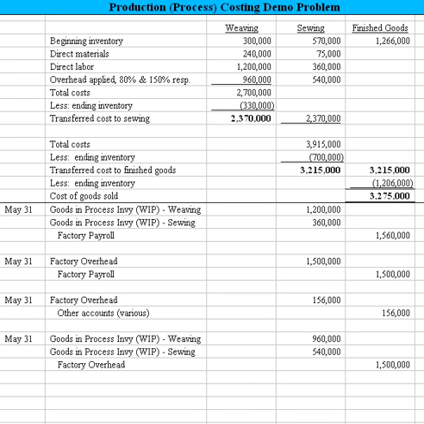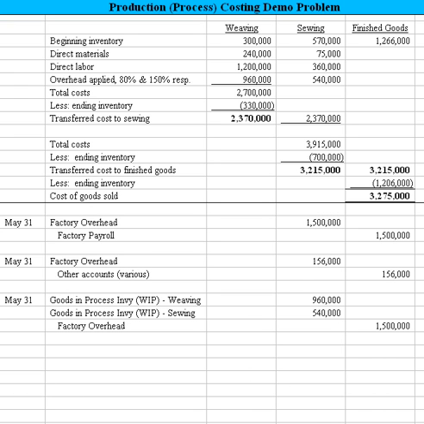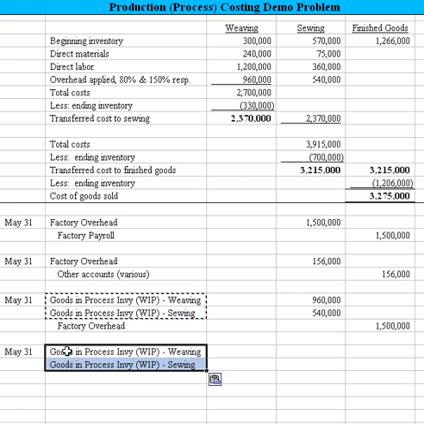All right, now let's slide again a little bit, give you a little bit more room. And let's talk about transferring the products from the weaving to the sewing. Now this is a real straightforward one. We're talking about a WIP to WIP transfer, so that's all that's involved. Oh, and I've got this reversed.